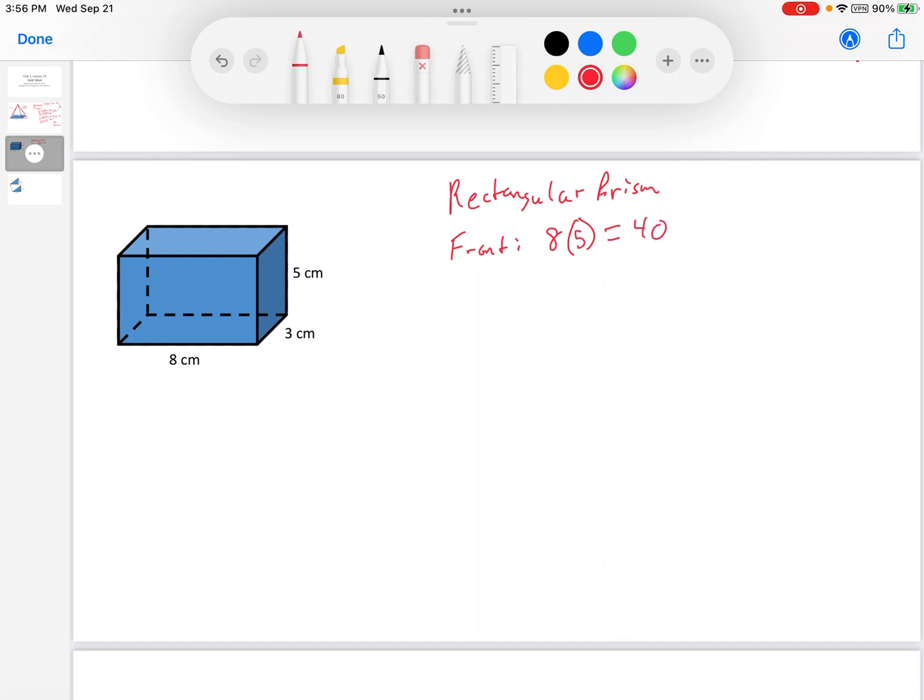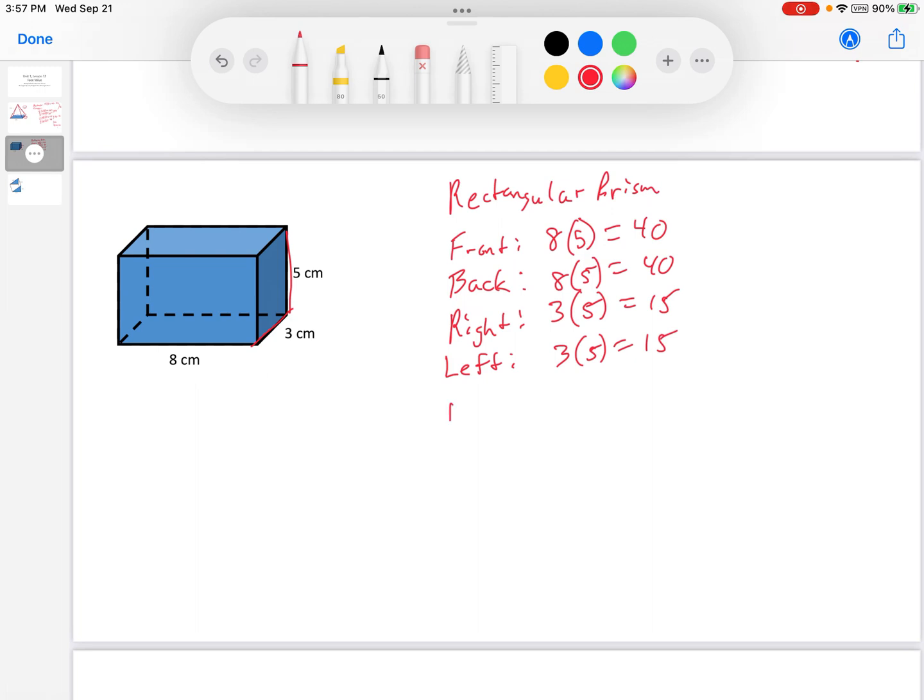And we do not use 1/2 because this is not a triangle. So that was the front. And remember, the back is congruent to it. So that's 8 times 5 is 40 also. The right side is 3 by 5. 3 times 5 is 15. And remember that the left is congruent to it, so that's 3 times 5 is 15 also.